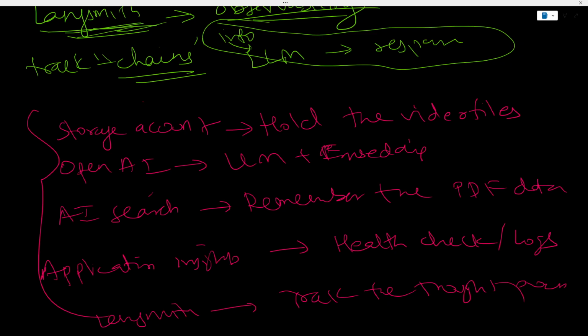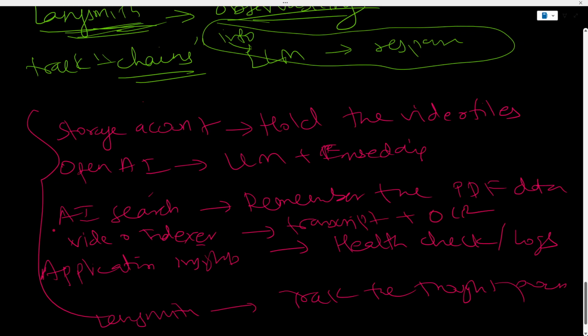And obviously we are also going to use Azure Video Indexer, right? Video Indexer is basically going to analyze the video and extract the important parts. It is going to work with the transcript along with the OCR. So this is the infra part of my architecture.